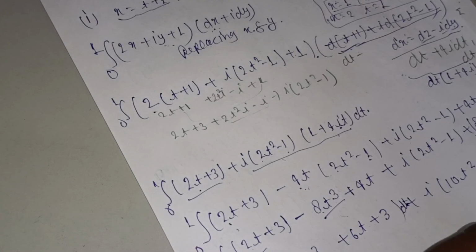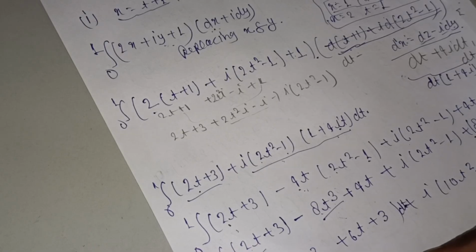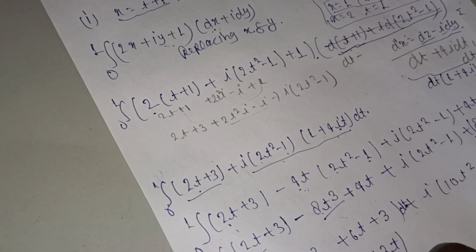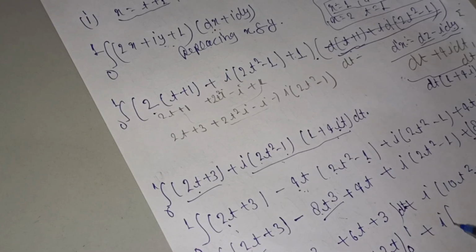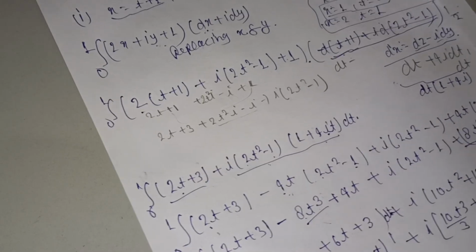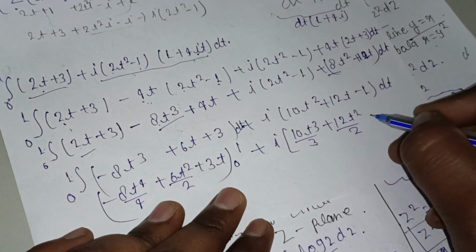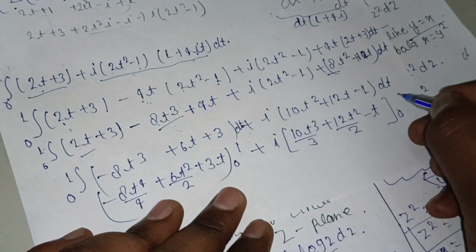Now just integrate it simply. So minus 8t to the power 4 upon 4 plus 6t square upon 2 plus 3t, from 0 to 1, plus iota 10t cube upon 3 plus 12t square upon 2 minus t. Okay, limit 0 to 1.